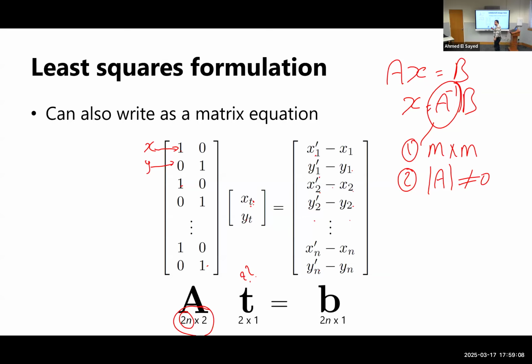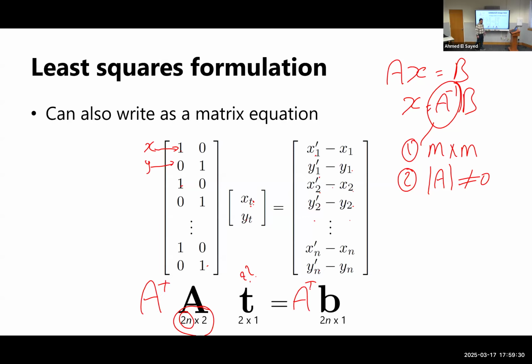They found a mathematical trick. What is this mathematical trick? They said, simply, I will multiply by A transpose on both sides from the left. So I will multiply A transpose here and A transpose here.